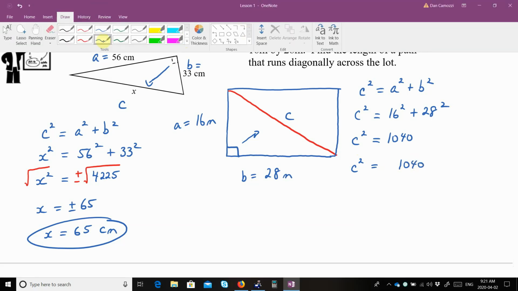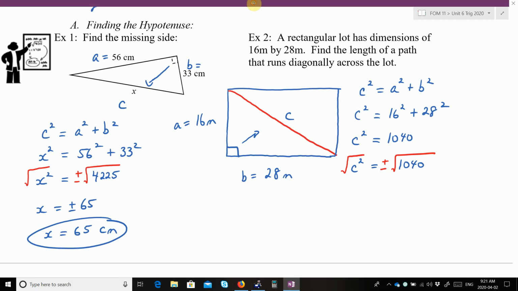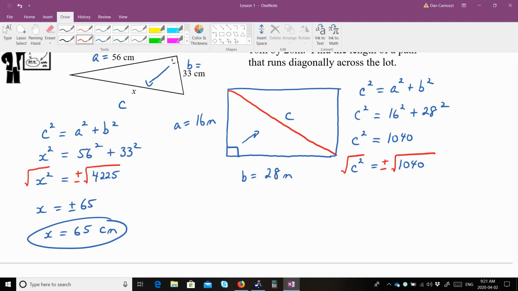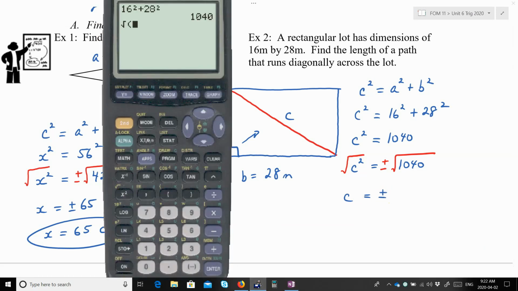Okay, and of course at this point, to get C by itself, I have to square root both sides, and I note that the positive or negative could work. Okay, and then I go, the square root of C squared is just C, equals plus or minus the square root of 1040 is, let's round to one decimal place, 32.2.